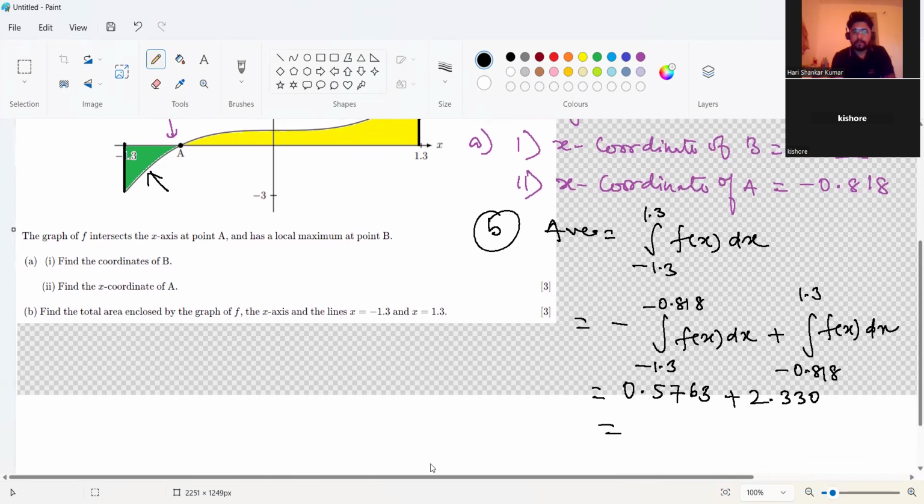The total area we are getting is approximately 2.91.